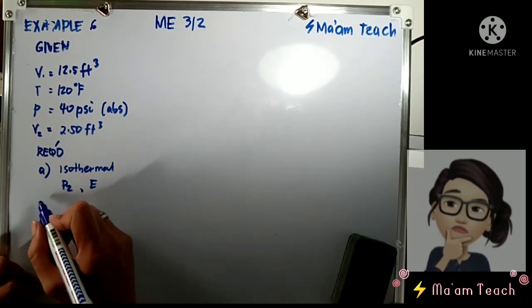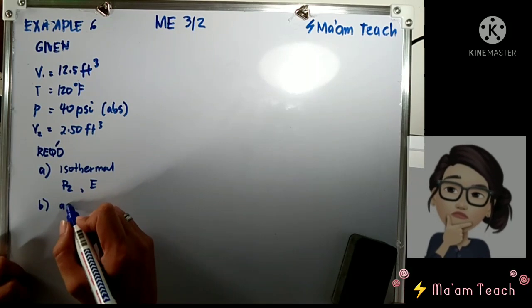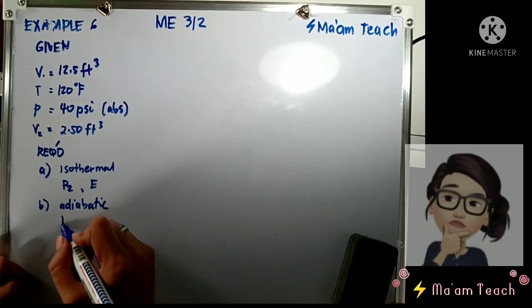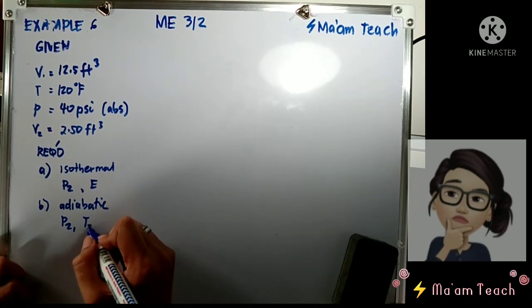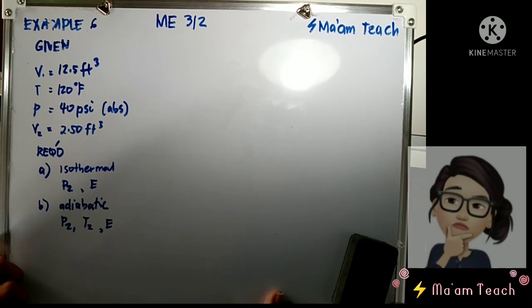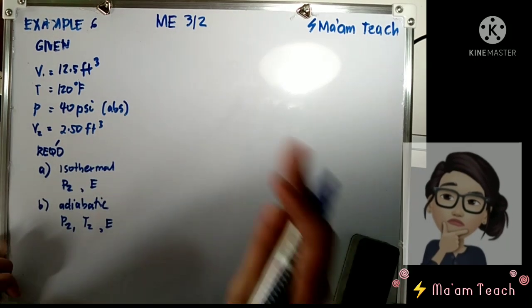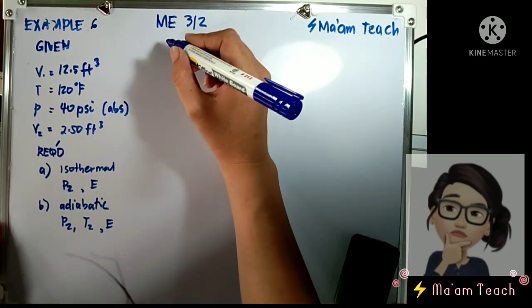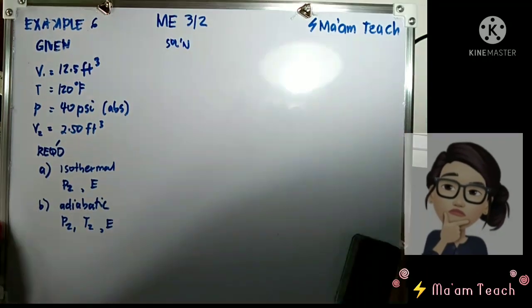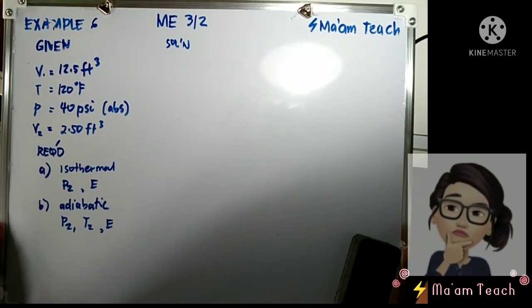For the second condition, it should be adiabatic, and we are to solve for the final pressure, final temperature, and the bulk modulus of elasticity. So class, kindly open your modules on page 4 to check the formula for this condition.